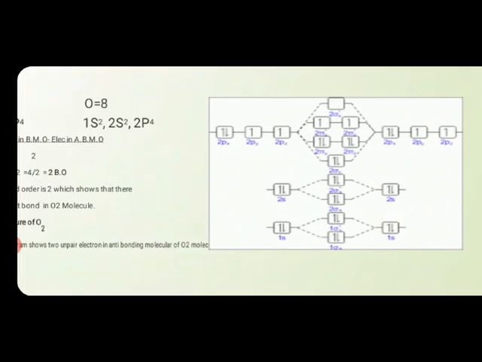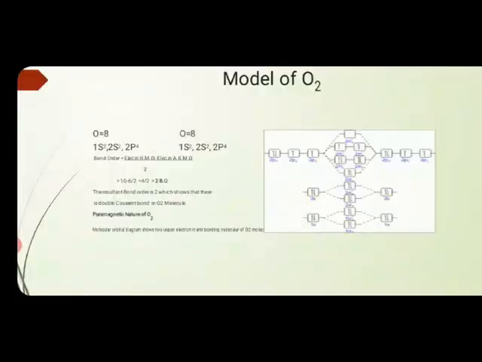Now, check the antibonding molecular orbitals of oxygen, that is pi star 2py and pi star 2pz. Each is now filled with 1 electron, and these electrons are unpaired.